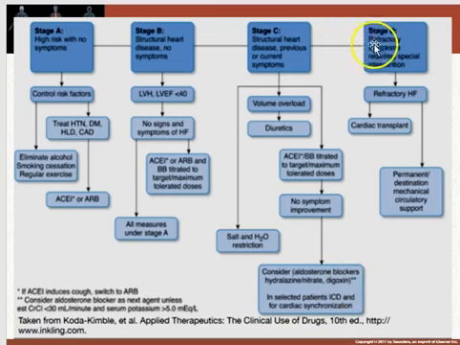And then, of course, as we progress into the final stages of heart failure, we start to see refractory symptoms. Refractory heart failure means essentially all these drugs that we've tried before are not working anymore. So now the therapeutic approach is going to be a little bit different. We'll start to include positive inotropes like digoxin much more frequently.